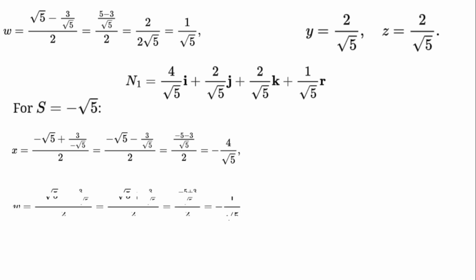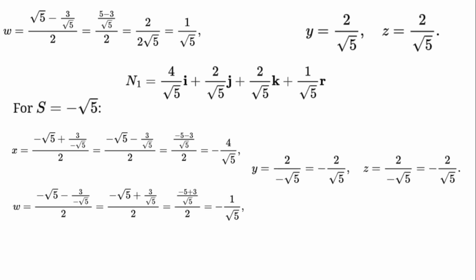Y equals 2 divided by minus square root of 5 equals minus 2 divided by square root of 5. Z equals 2 divided by minus square root of 5 equals minus 2 divided by square root of 5. So n2 equals minus 4 divided by square root of 5 times I minus 2 divided by square root of 5 times j minus 2 divided by square root of 5 times k minus 1 divided by square root of 5 times r.